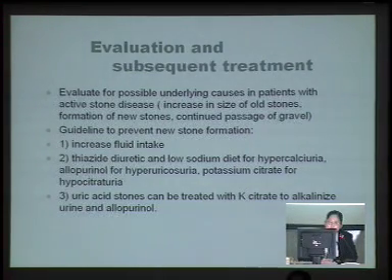If urine pH is above 6, then you would not form many stones. So you have to make an attempt to, besides increasing fluid intake, which you need to do in every patient, alkalinize the urine with potassium citrate, and you can try allopurinol in some patients with high uric acid excretion.